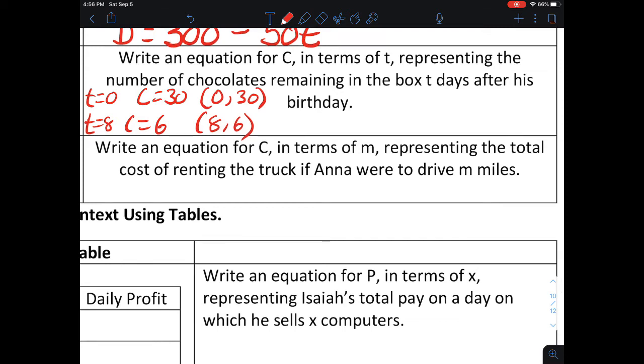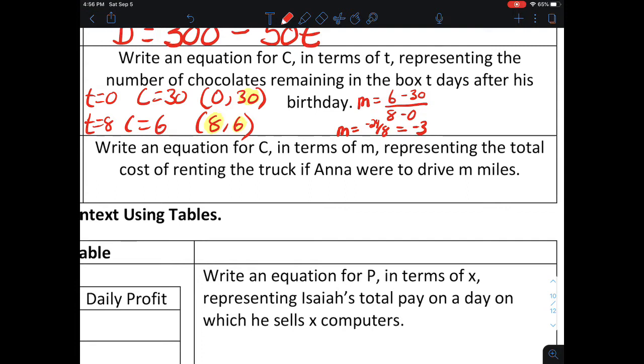So the slope here of this line, or the rate of change in which he's eating chocolates, we're going to go y2, which would be 6, minus y1, which is 30, divided by x2, which would be 8, minus x1, which would be 0, and then we would simplify that, and we'd have m is equal to, what is that, negative 24 over 8, which is going to give me negative 3. So he's eating 3 chocolates a day.